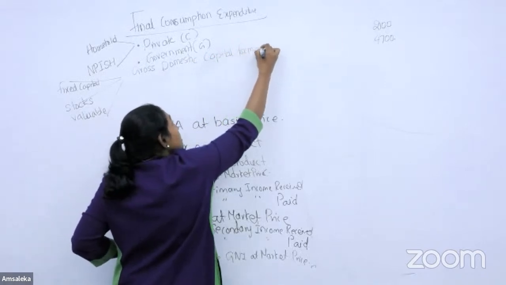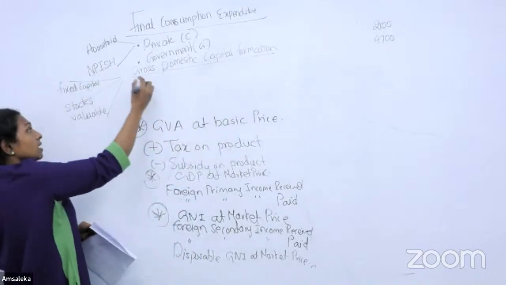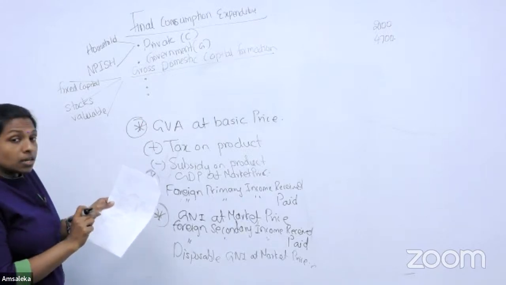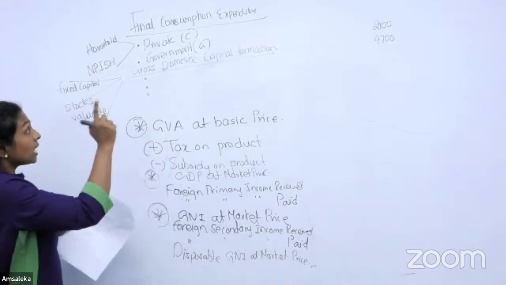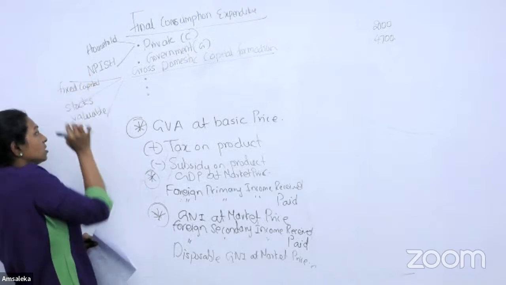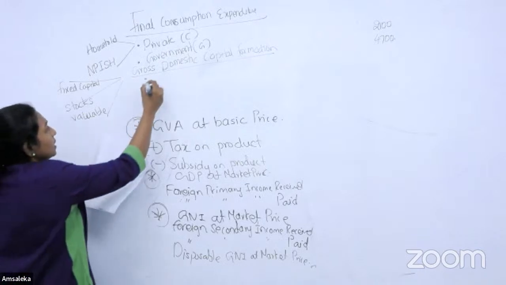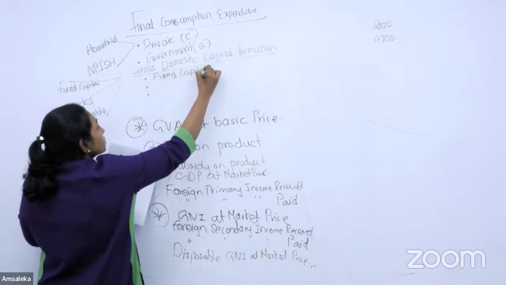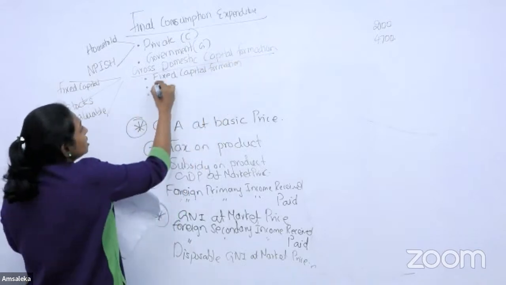Now, if this is directly given, you can add it there. But if any of the three components are given, you take them one by one. It is not compulsory that all three be given. Whatever is given, just take. Gross domestic capital formation includes fixed capital formation, change in stocks, and change in valuables. Out of these three, only two are given: gross domestic fixed capital formation and change in stock.